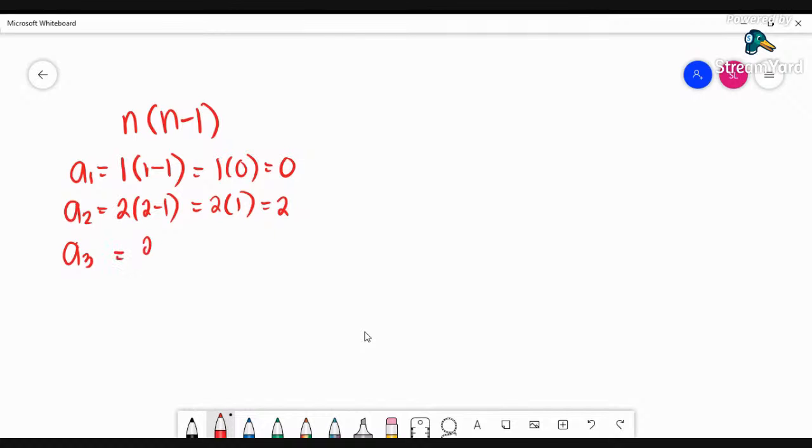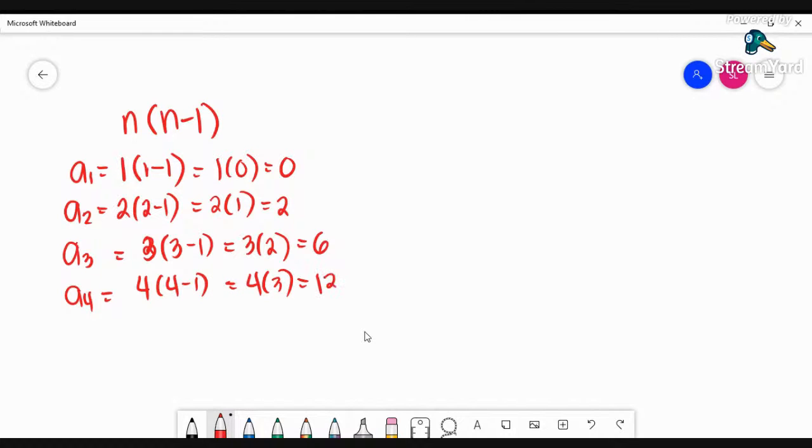For a sub 3, we have 3 times 3 minus 1. That is equal to 3 times 2, which is 6. For a sub 4, we get 4 times 4 minus 1, which is 4 times 3. That is equal to 12. For a sub 5, that is 5 times 5 minus 1, which is equal to 5 times 4.